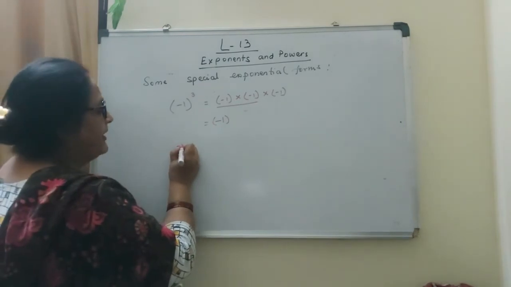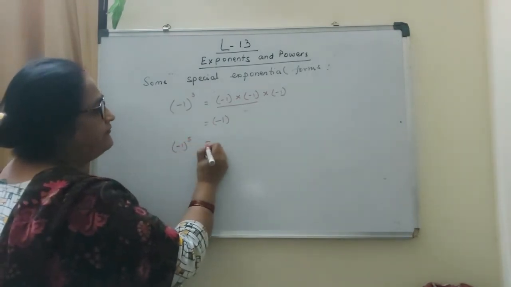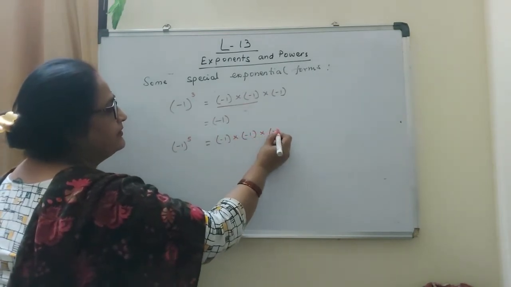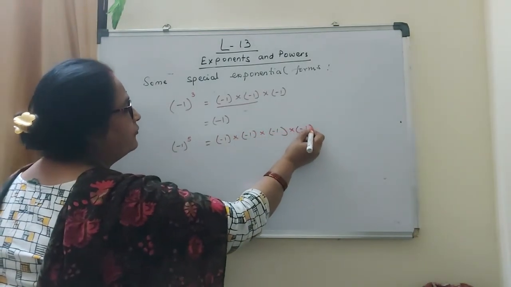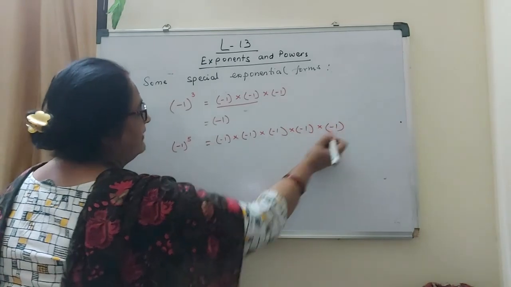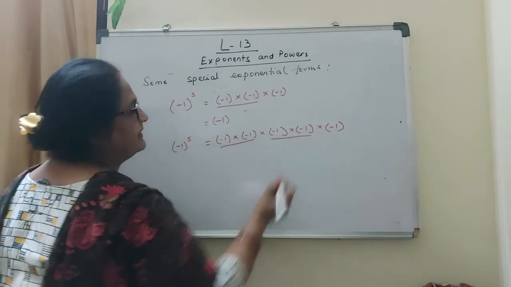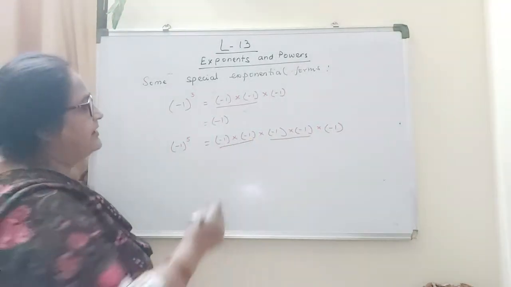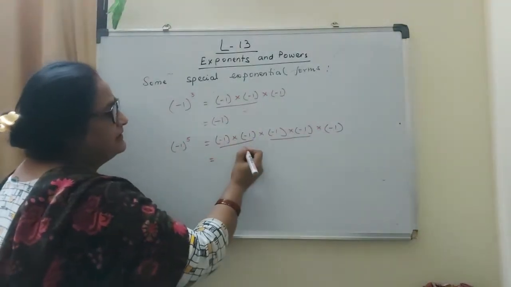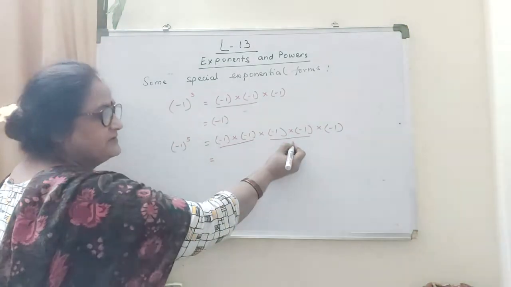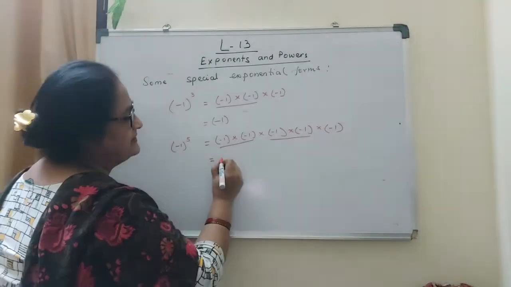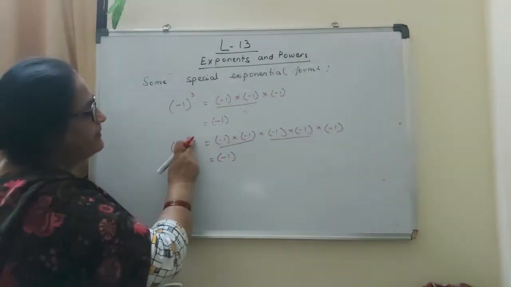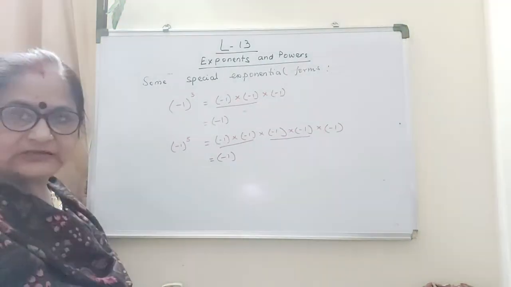Minus 1 raised to the power of 5. 1, 2, 3, 4, 5. If I take pairs, I'll get positive numbers, but 1 is remaining, 1 is without a pair. So a positive multiplied by negative will be negative. So minus 1 raised to the power of 5 will give you minus 1.